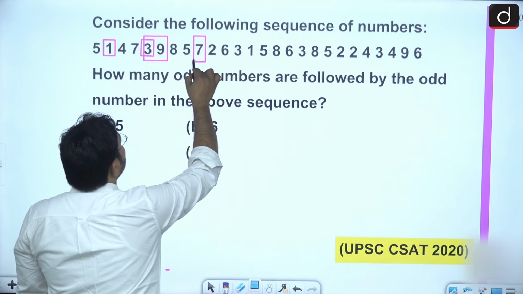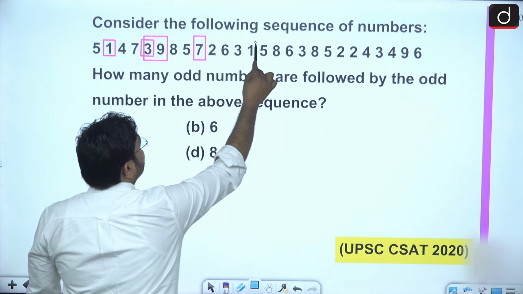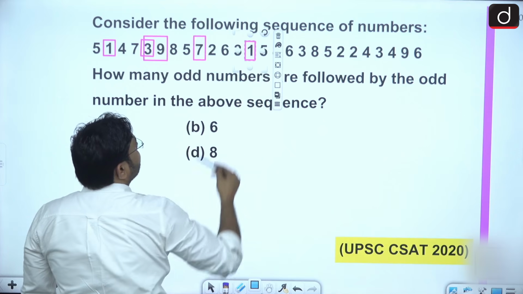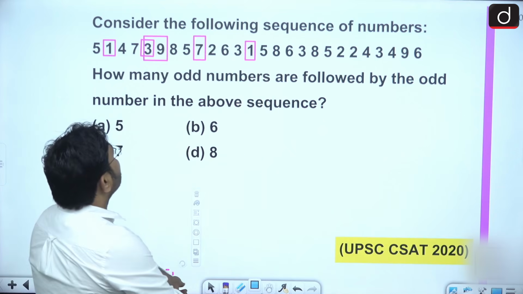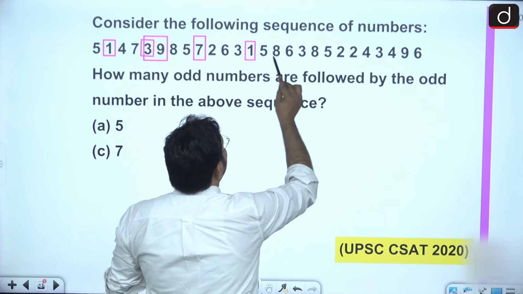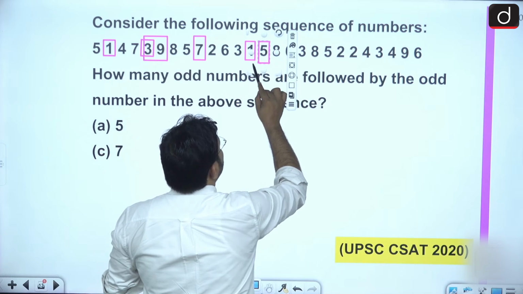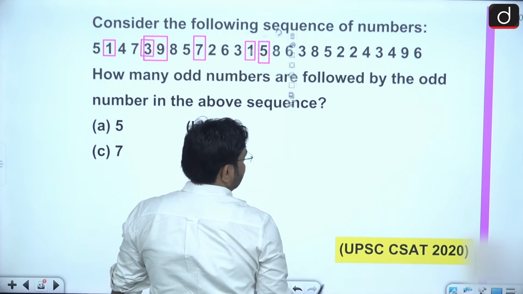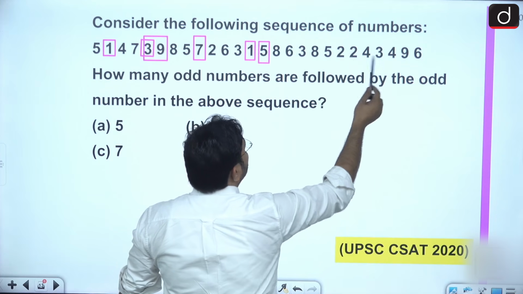This is also odd. Next, 1 and 3. 1 is followed by 3. Next, 5. This one? No. 5 and 1. Any other? 8, 6, 3, 6, 5, 2, 4, 3. No other numbers.